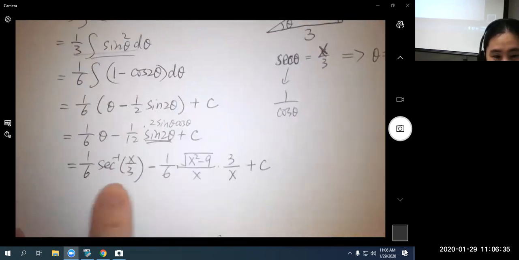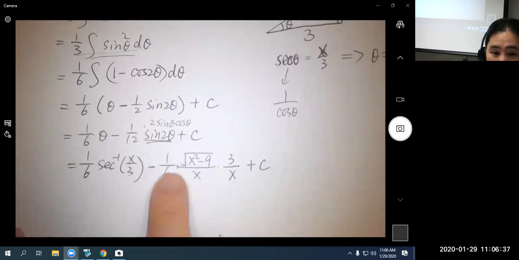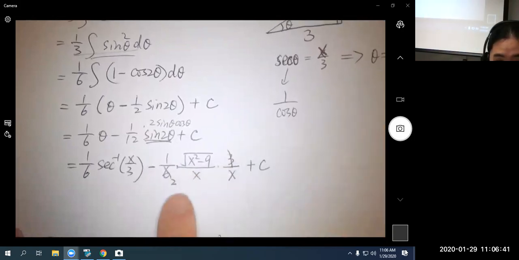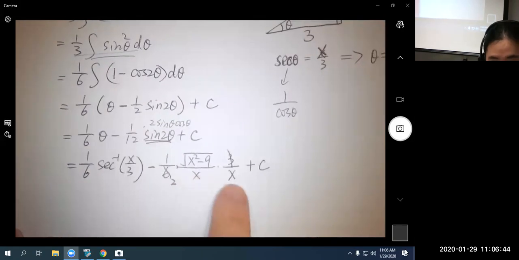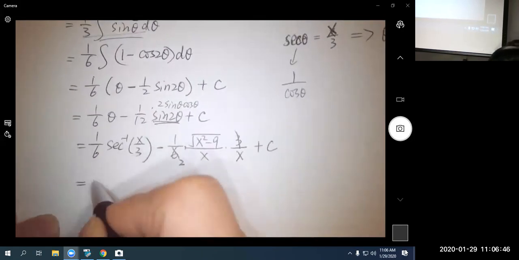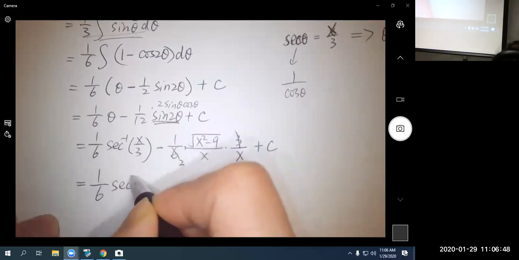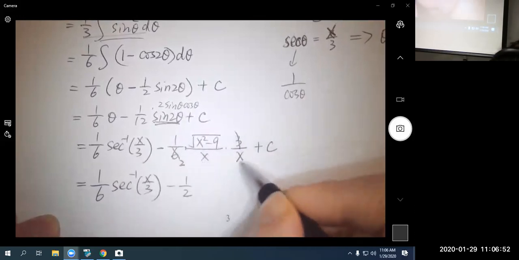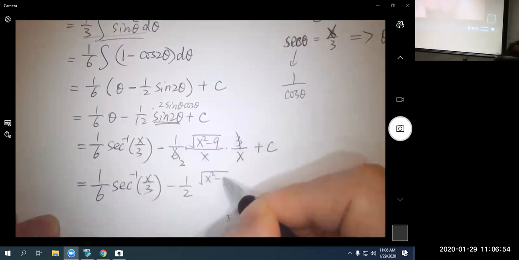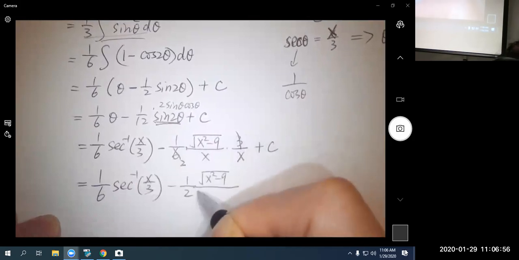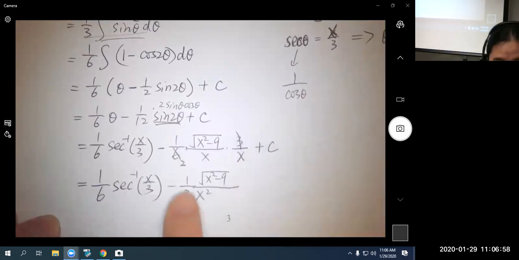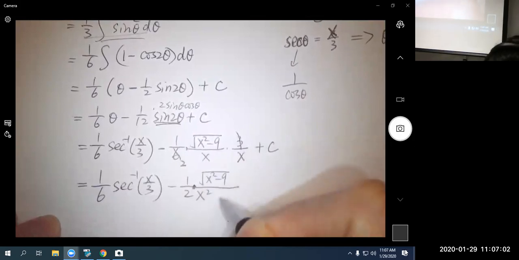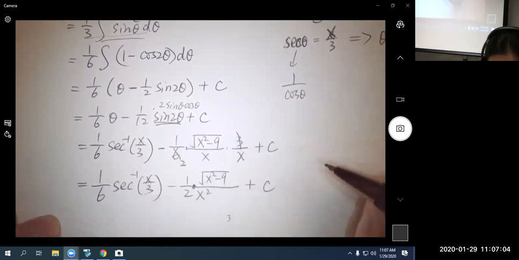This term has no way to simplify in terms of x, good. 1/6 and then 3 times 2, half, 1/2. This x times x, I'm going to rewrite in another line. 1 over 6 secant inverse of x over 3 minus 1/2. x times x gives us what? x squared. So this is 1/2 times the square root divided by x squared plus c.